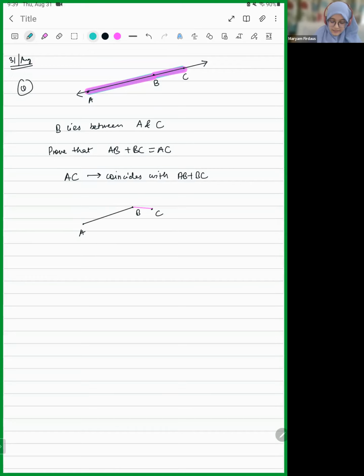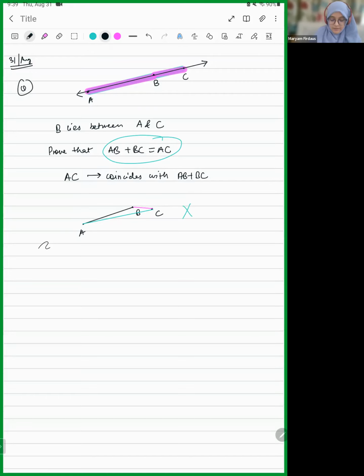But AC does not coincide with AB plus BC. So in this case, AC will not be equal to AB plus BC. But only when it's given that the 3 points lie on the same line, then this statement will hold true. Not in this case. Is this clear?